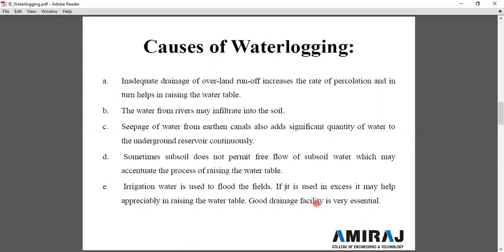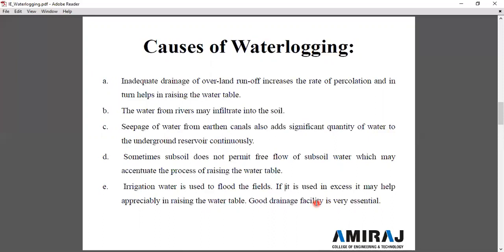As we know, there are different methods of irrigation, like the flooding method, furrow method, check basin method, and zigzag basin method. But in that kind of methodology, there are chances of flooding occurring at the particular site, and due to that phenomenon, excessive water is diverted to the field from the canal or from the river.